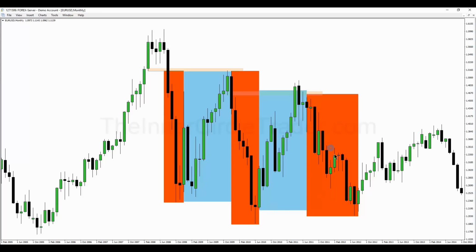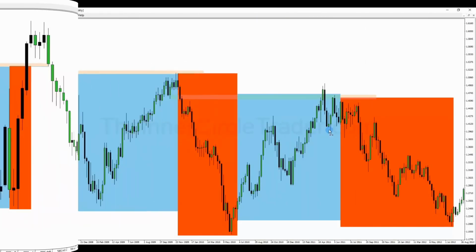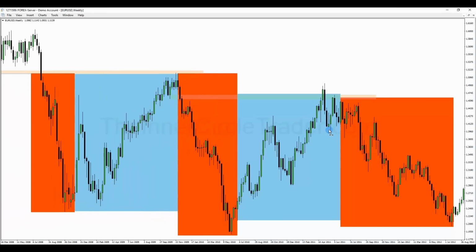Okay, so while we have institutional flow that's bearish when it's in the red area, all we're going to do is internalize the marketplace like this. So if we have it set up like this on a monthly chart, all we have to do is break the market down into a weekly, just changing it into a weekly chart. Okay, so now we have the price shown on a weekly basis.